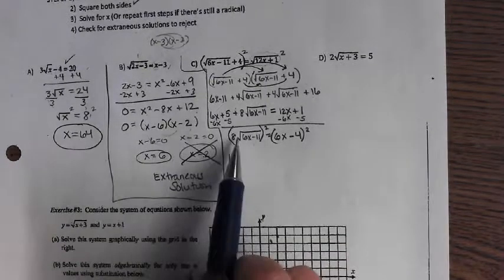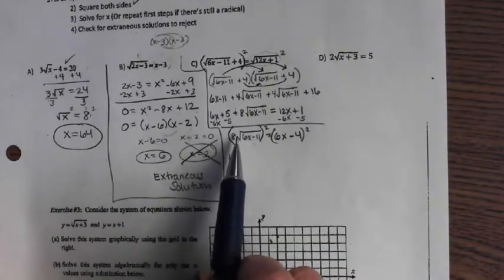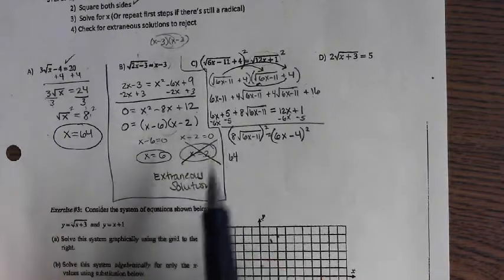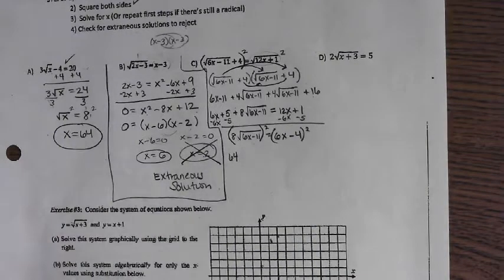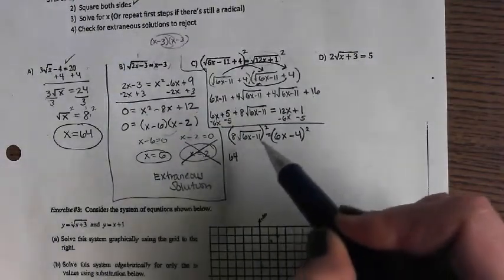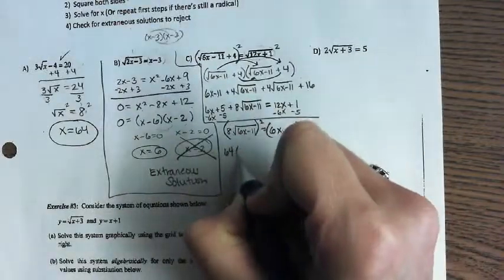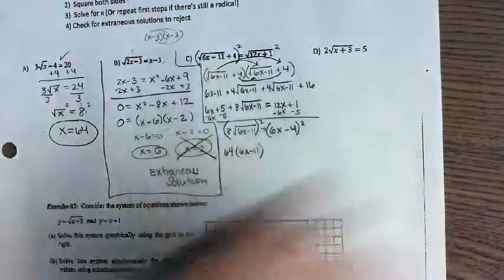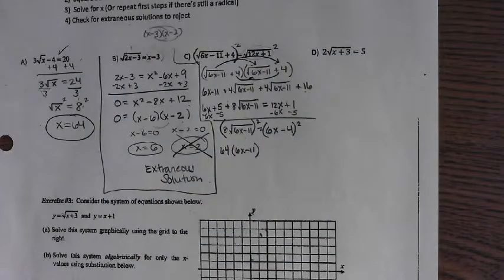Because technically, you guys know this, there's multiplication in between the 8 and the radical. It's just like if it was 8x, that's technically 8 times x. 8 root is technically 8 times the root. So when I do this, it's going to be 64 times 6x minus 11, and 6x minus 11 is a binomial, so we need to make sure we keep that in parentheses, because that 64 will have to be distributed.